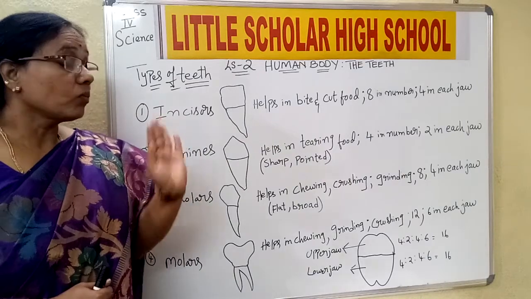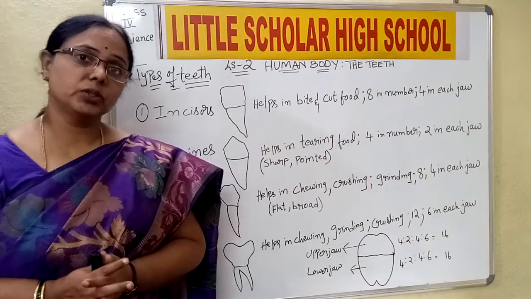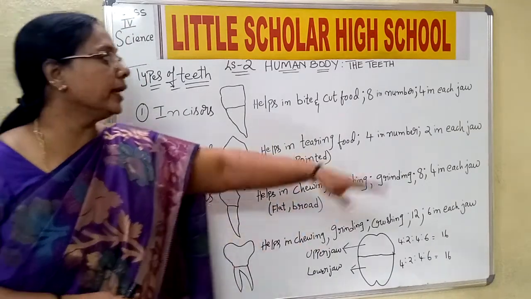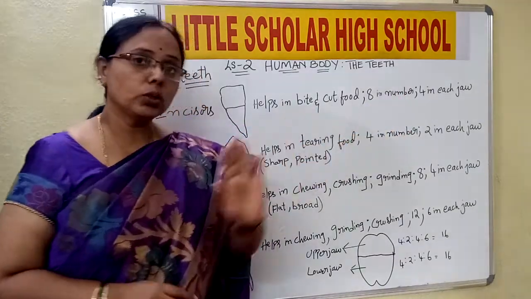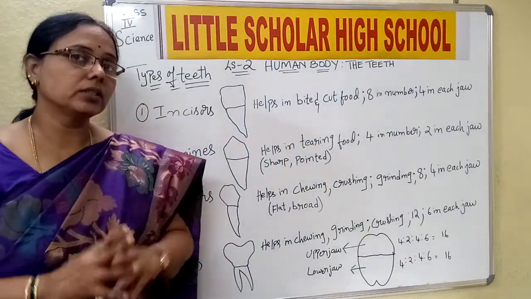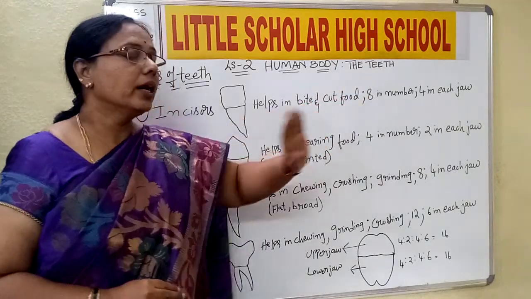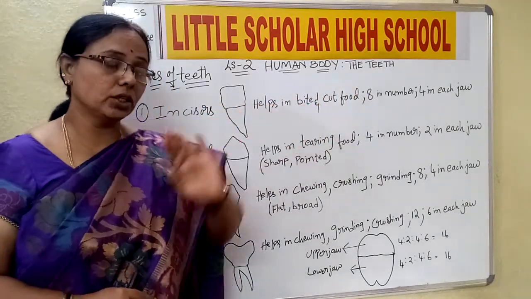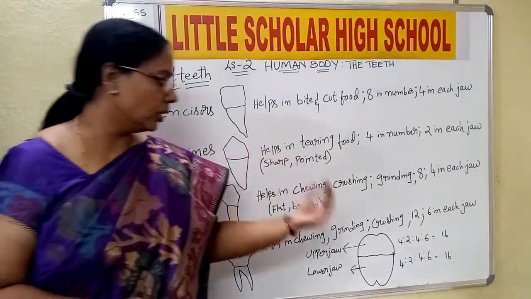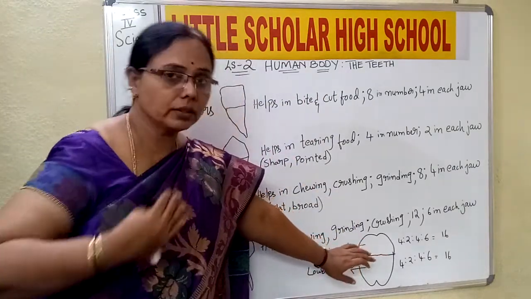Then what is the number of incisors present in the mouth? It is 8 in number, 4 in each jaw. Now what do you understand by 4 in each jaw? See children, we have the upper jaw and the lower jaw.